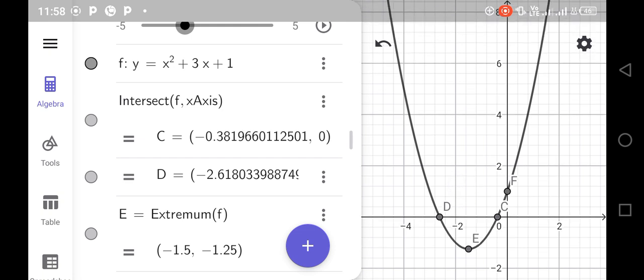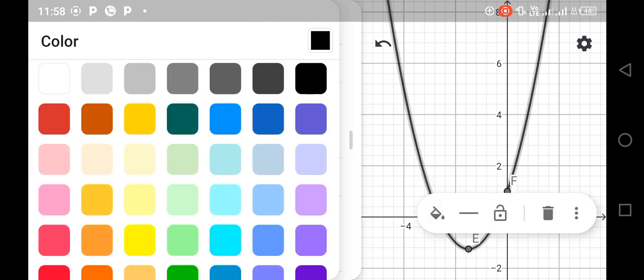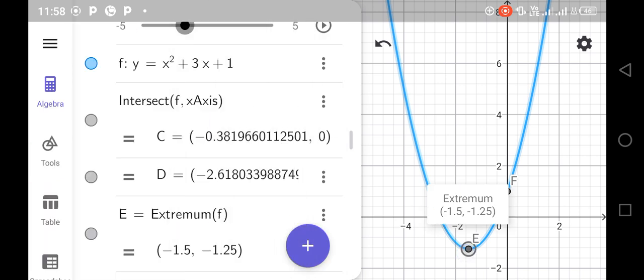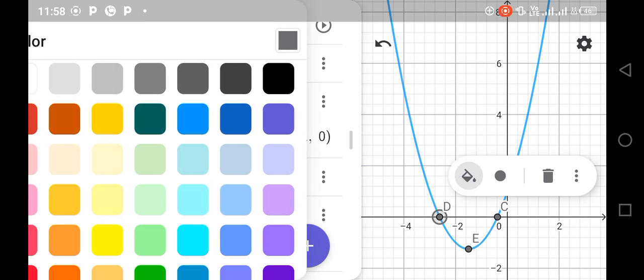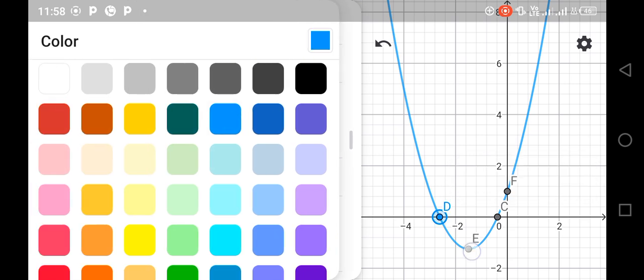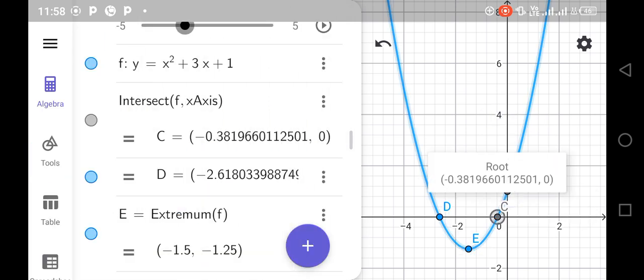You can see from the points, point C, let's give it a nice look, so that those points can be seen clearly.